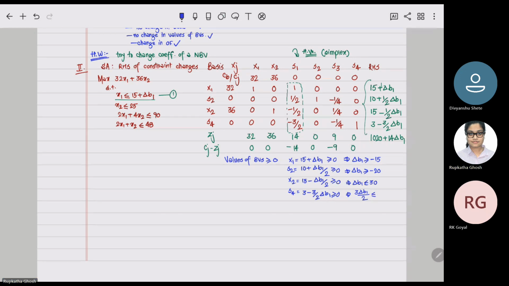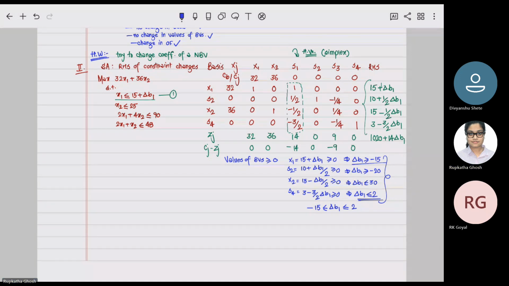So delta B1 would be less than or equal to 2. So if I have to arrive at the common region, what will it be? Minus 15 less than or equal to delta B1 less than or equal to 2. Right? Basic maths.